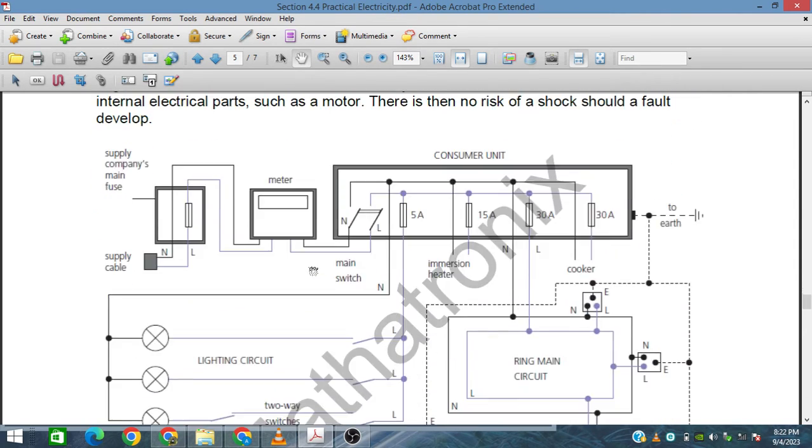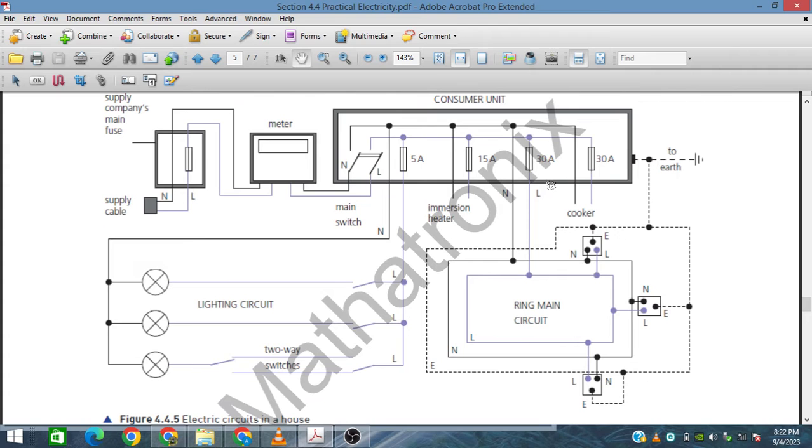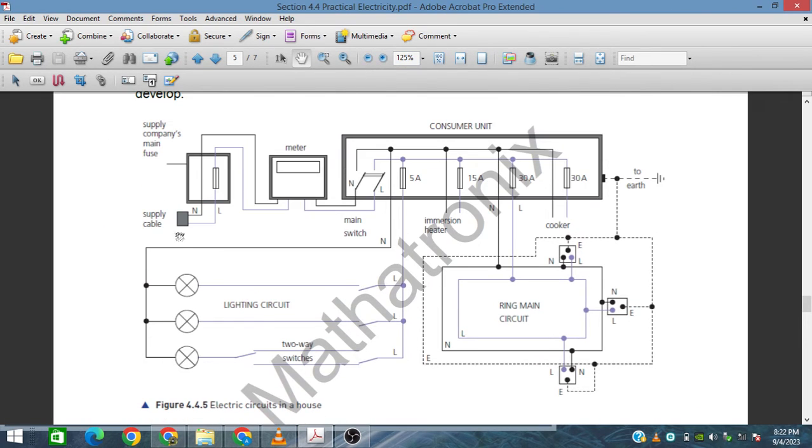Now we are showing some electrical connections in a house. Suppose this is the supply from the supplying company coming inside the house. It passes through a main fuse.